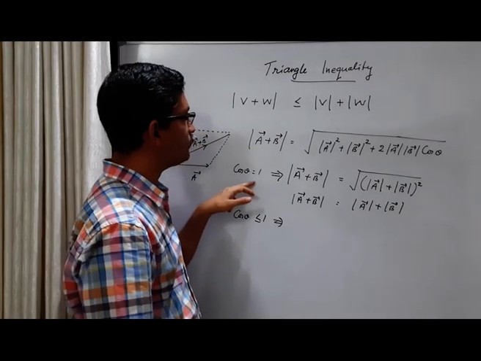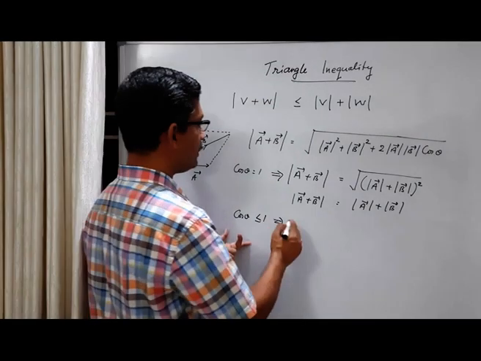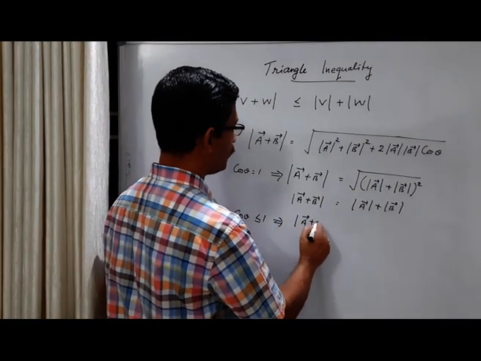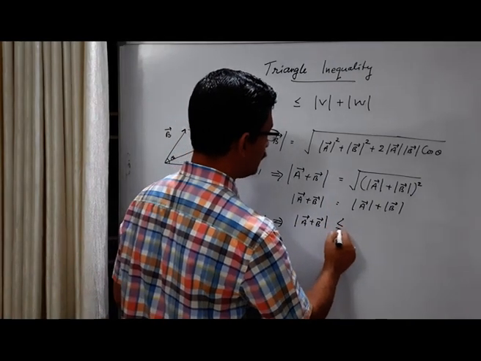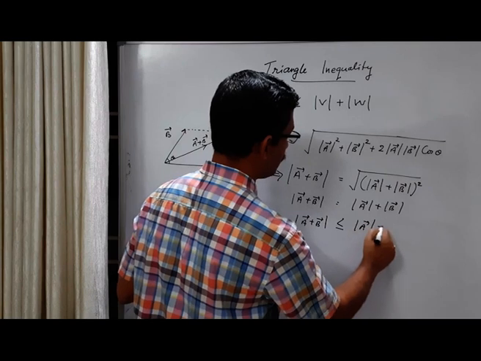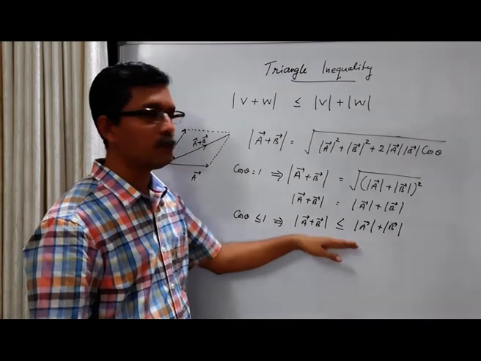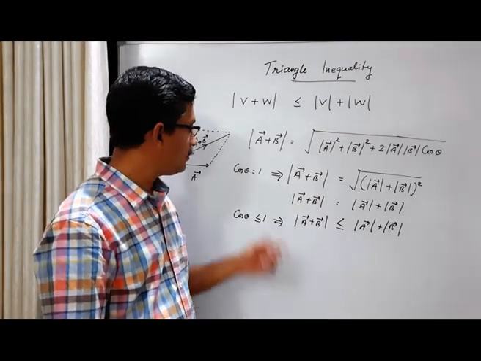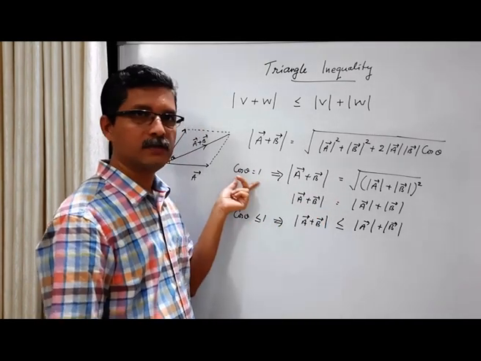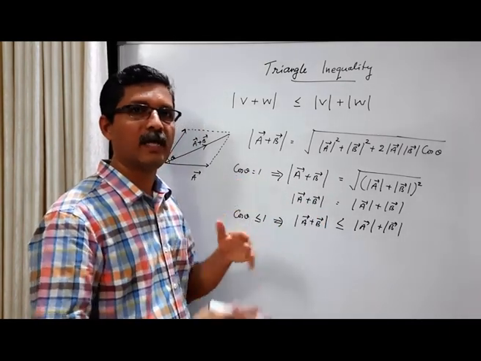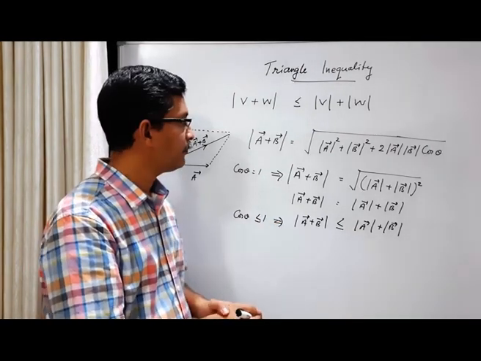So if cos theta is 1, left hand side is equal to mod A plus mod B. If cos theta is less than 1, then in general we can say mod of A plus B is less than or equal to mod A plus mod B. So this is the triangle inequality in the case of ordinary vectors. And when does this inequality become equality? When cos theta is equal to 1, that is theta is equal to 0, that is A and B are parallel to each other, just as in the case of Schwarz inequality.